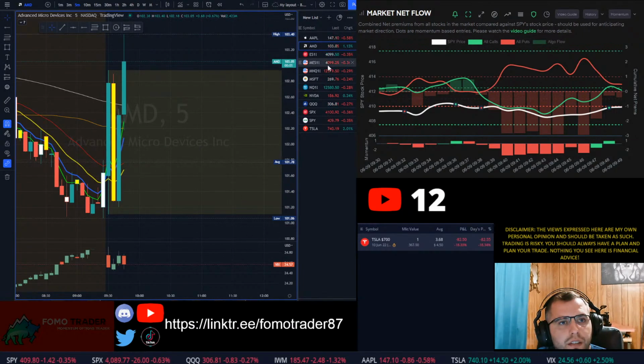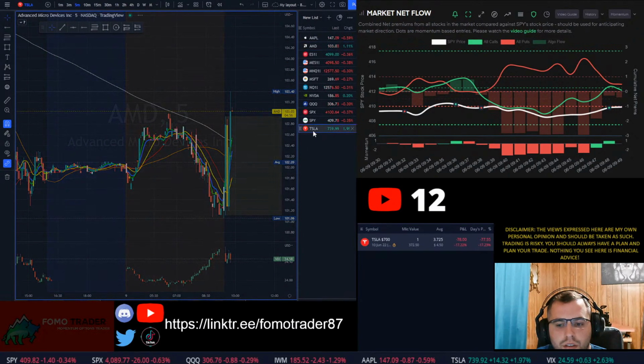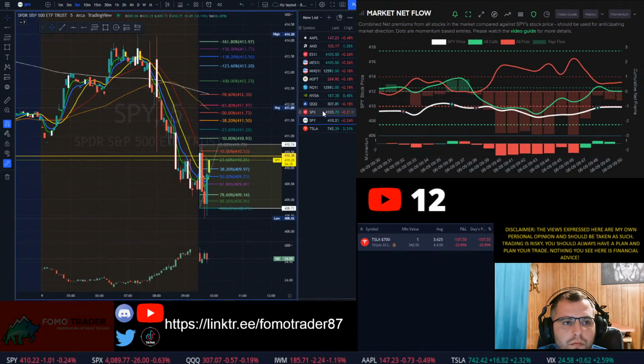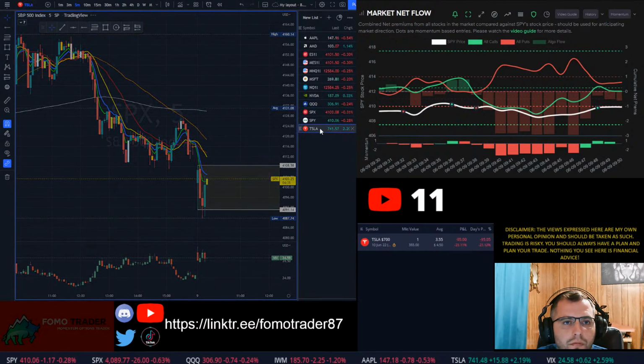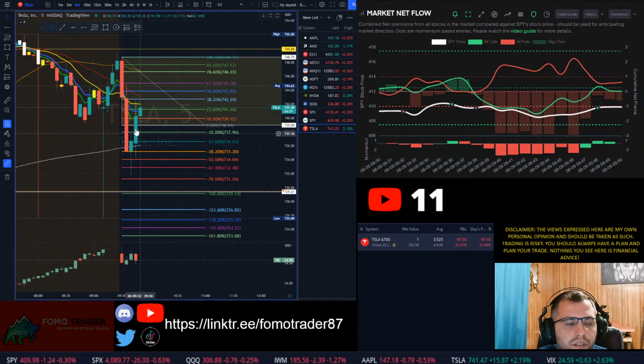Let's see if it holds that level. Possibly a double top here forming on Tesla, depending on how this candle closes, but no, it's pushing higher.